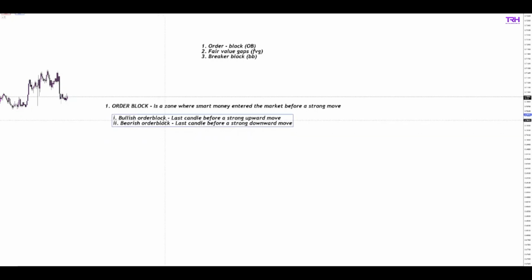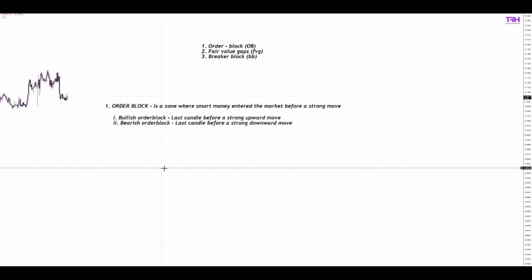That's it. And why does this matter? Price often comes back to these zones before continuing the trend. Smart money entered there, so we are waiting for price to likely or mostly come back and then continue the trend.